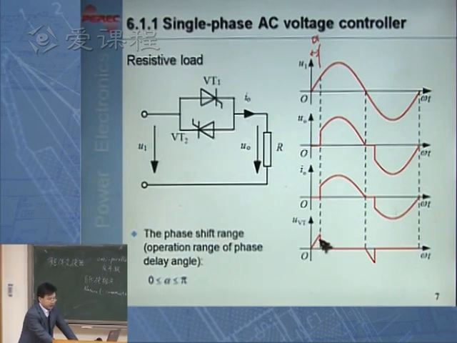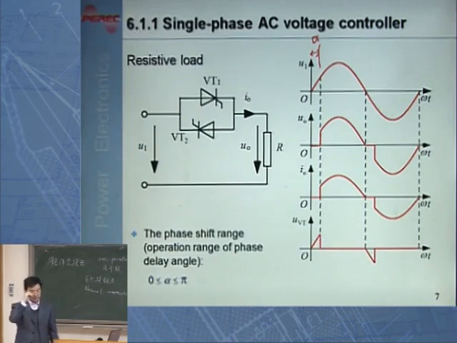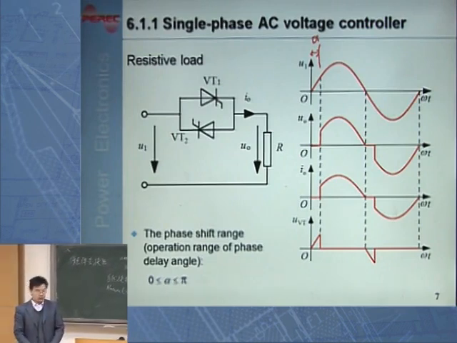So you can see the waveform of the voltage across the thyristors will be same as the input voltage. For this part, positive. For this part, negative. So very simple operation.